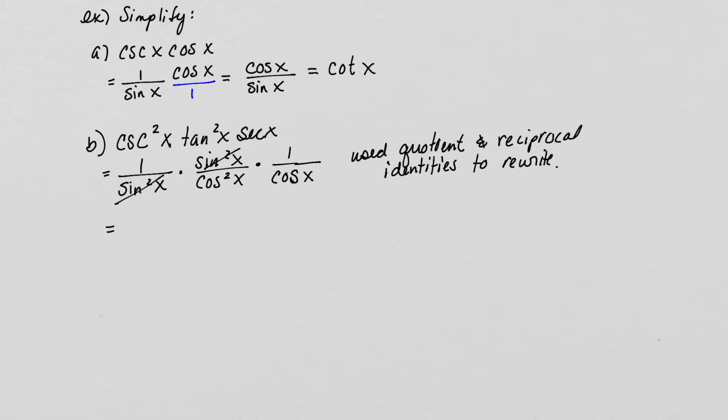Then if you think about multiplying across the top, I have 1 times 1 times 1, because each sine squared went into itself once. So on the top, 1 times 1 times 1 is 1. On the bottom, I have a cosine squared times another cosine. Just like x squared times x gives x cubed, cosine squared times cosine gives cosine cubed x. All I did in this step was some algebra.